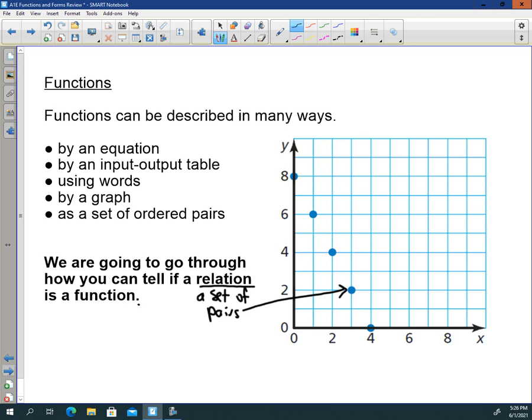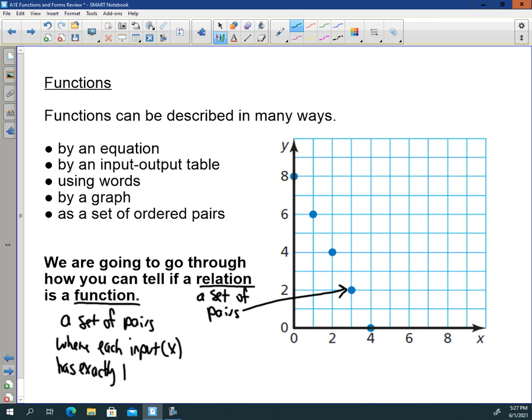A function is a set of pairs where each input or x value has exactly one output or y value.